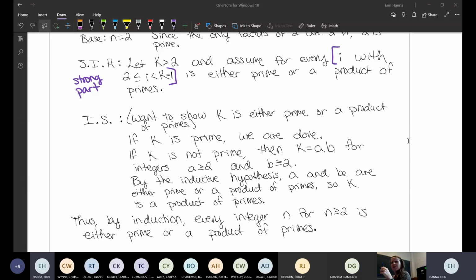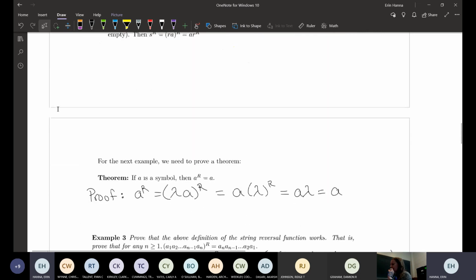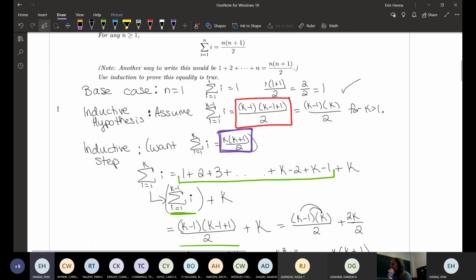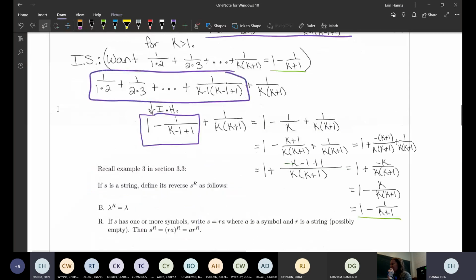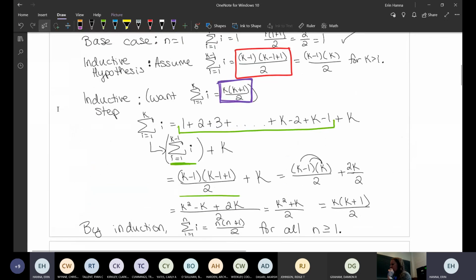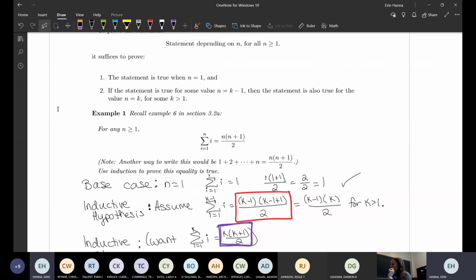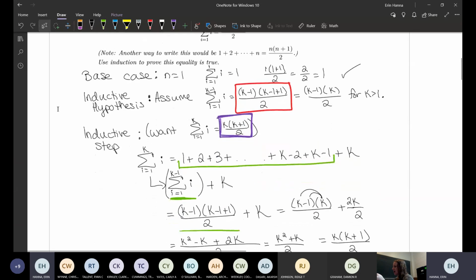Sorry, I'm looking at something. Okay. I want to say it'll be most similar to example 1, but I don't think the algebra is as gross.